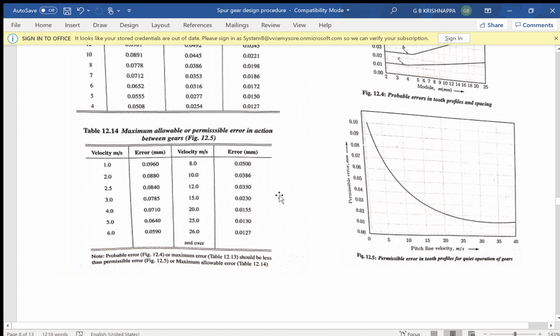That way I have to choose. Assume that we have a pitch line velocity of 4 meter per second, and the error would be 0.071.